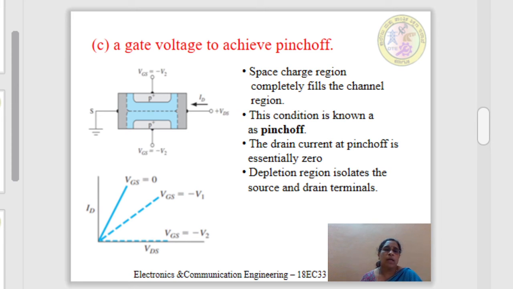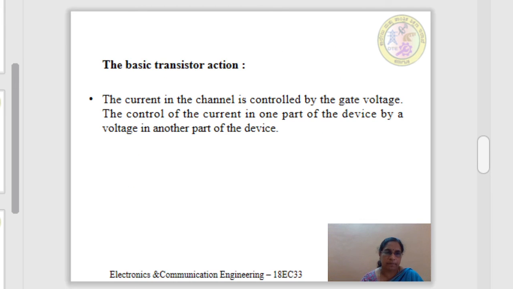So this is how the voltage applied on the gate terminal controls the drain current between the drain and source terminals. Coming to the basic transistor action, what we can understand from the basic characteristics is that the current in the channel is controlled by the gate voltage.